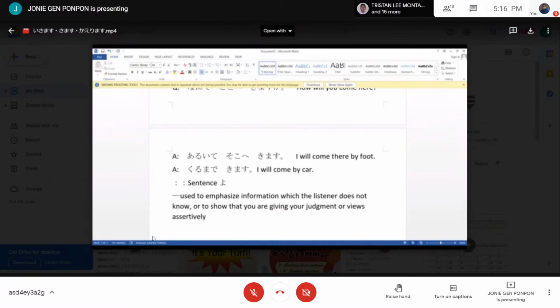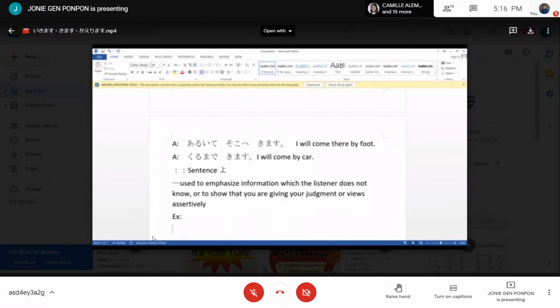Okay, so example sentence para mas madaling maintindihan.